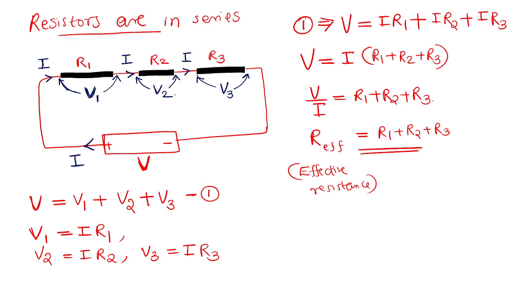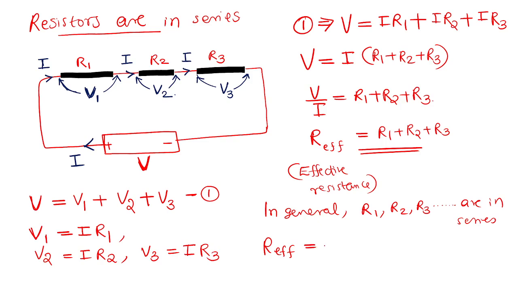So let me generalize. In general, R1, R2, R3, etc. are in series like that. Series means they are connected like this. The total resistance, effective resistance, is obtained by adding each of the resistances.